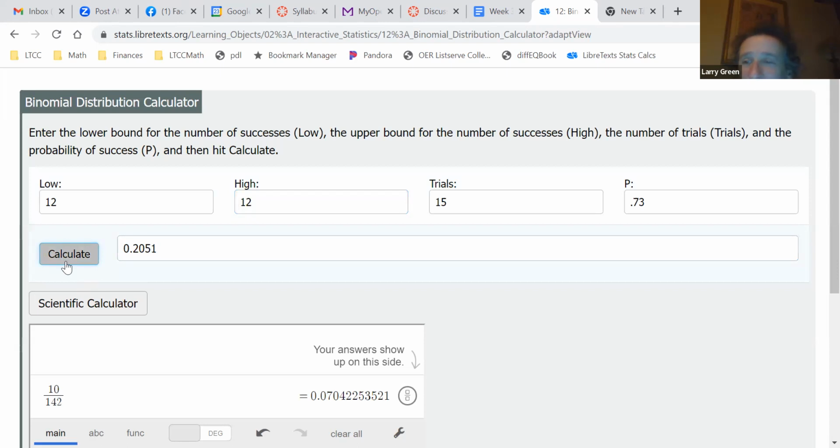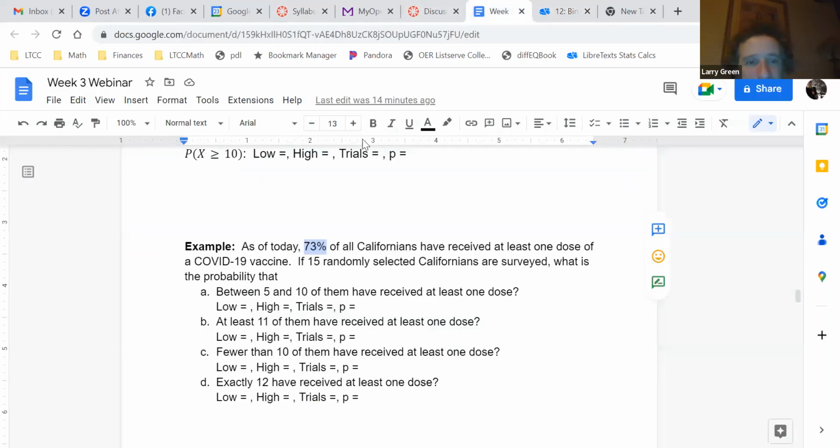And about a 21% chance if you round. Any questions on these examples? I think the hardest part is handling wording like fewer than for some people, or exactly, or at least. So you have to understand what all these different words mean, and there are other words that could happen too. So practice helps. Any questions on binomial before we move to the next chapter?